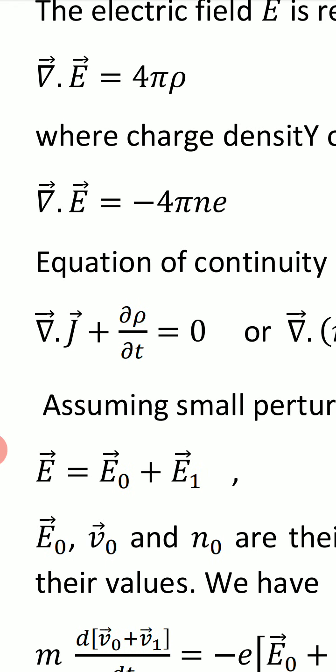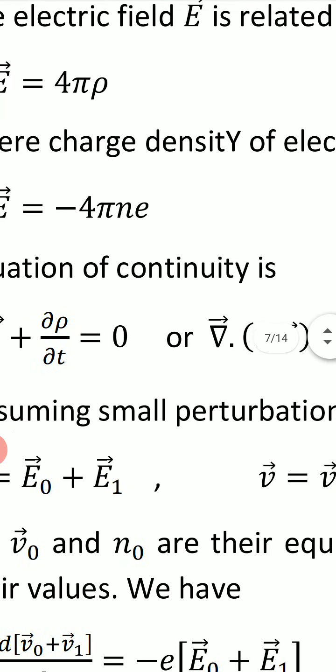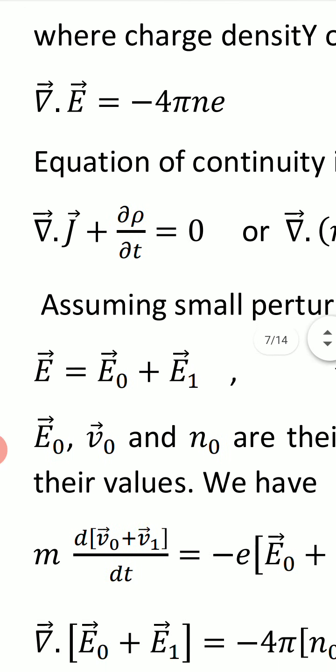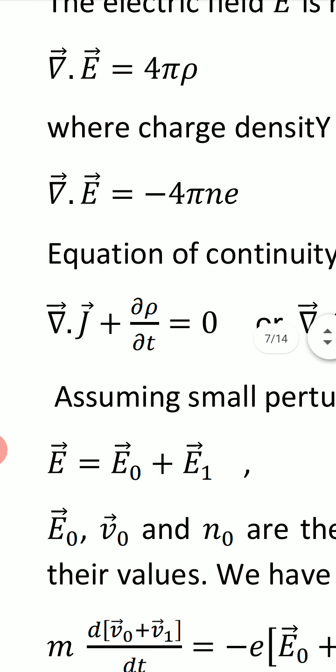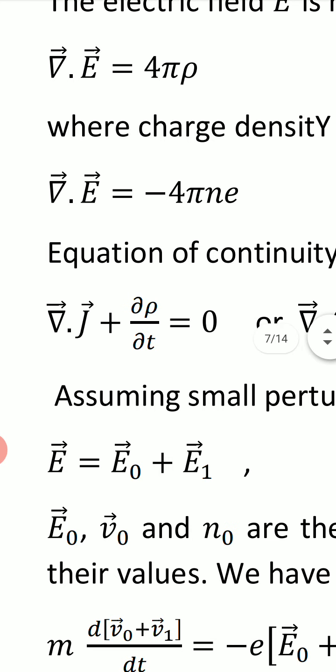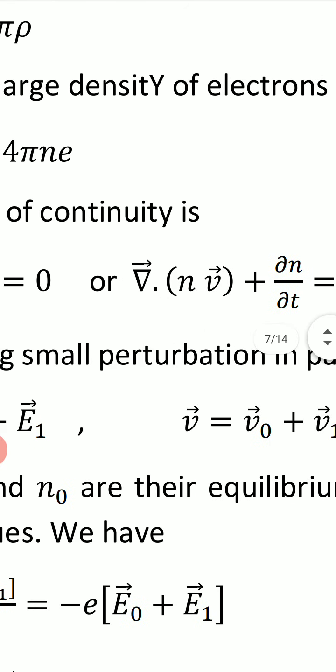Minus e is the charge on electron and N is the number of electrons per unit volume. So rho, the charge density of electron, is equal to minus Ne. This Maxwell equation now becomes del dot E equal to minus 4 pi Ne.